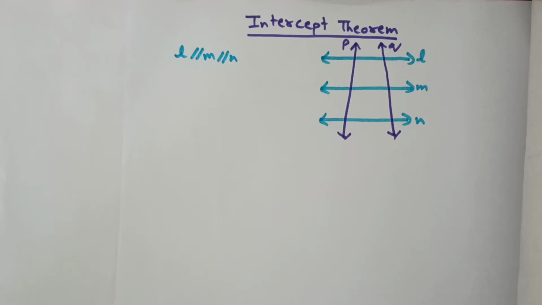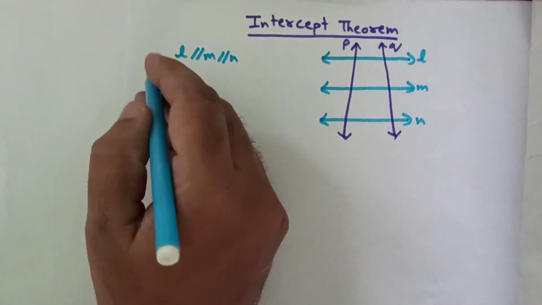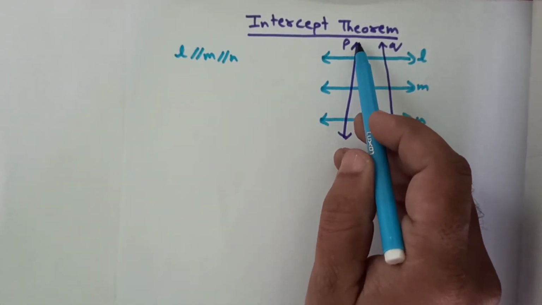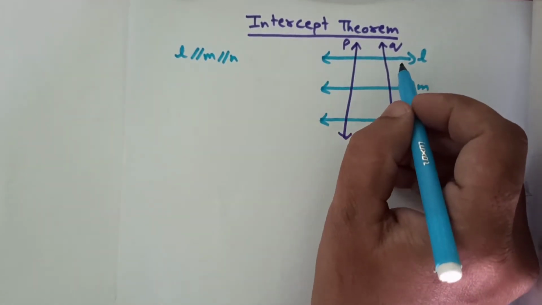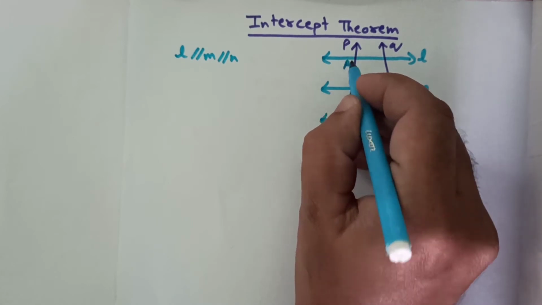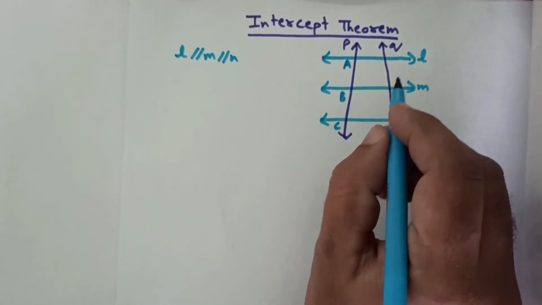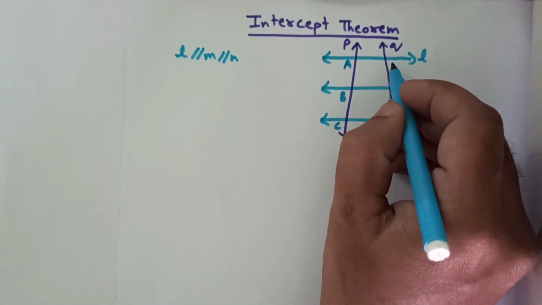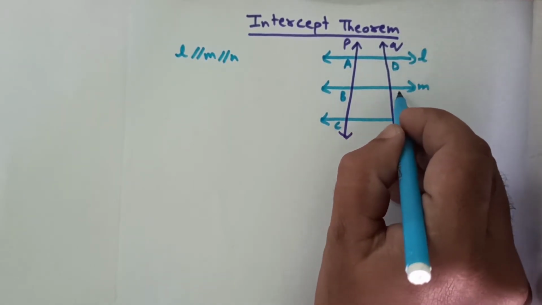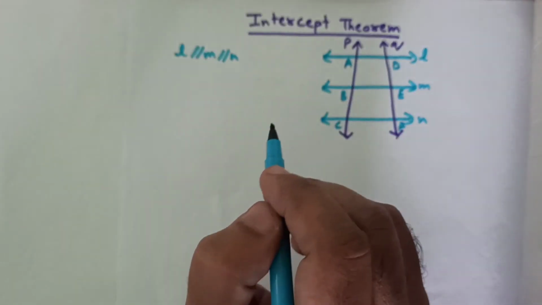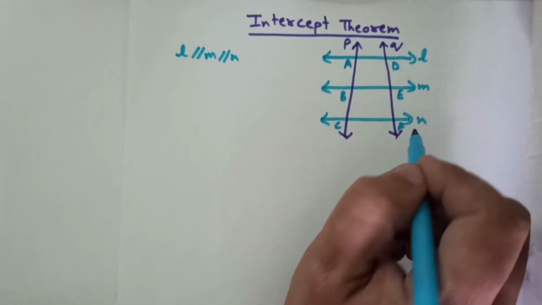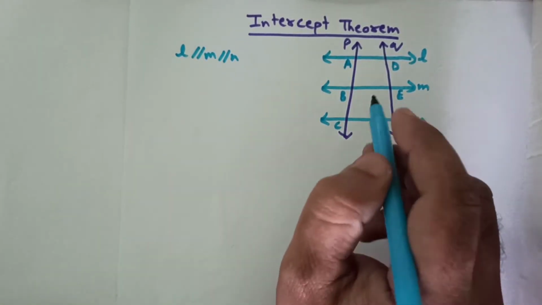So line L is parallel to line M and line M is parallel to line N, all three lines are parallel, and the transversal P is cutting the lines L, M and N at points A, B and C, and transversal Q is cutting at points D, E and F. We know that lines L, M, N are parallel to each other, and P and Q are transversals.